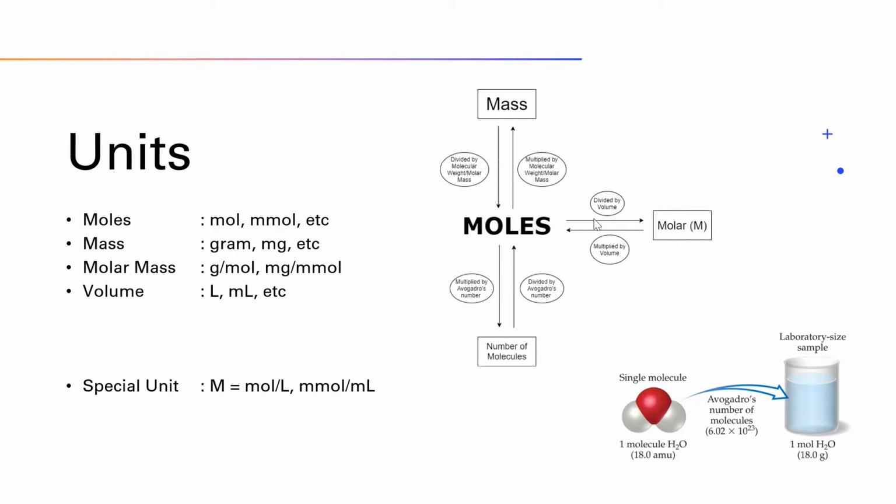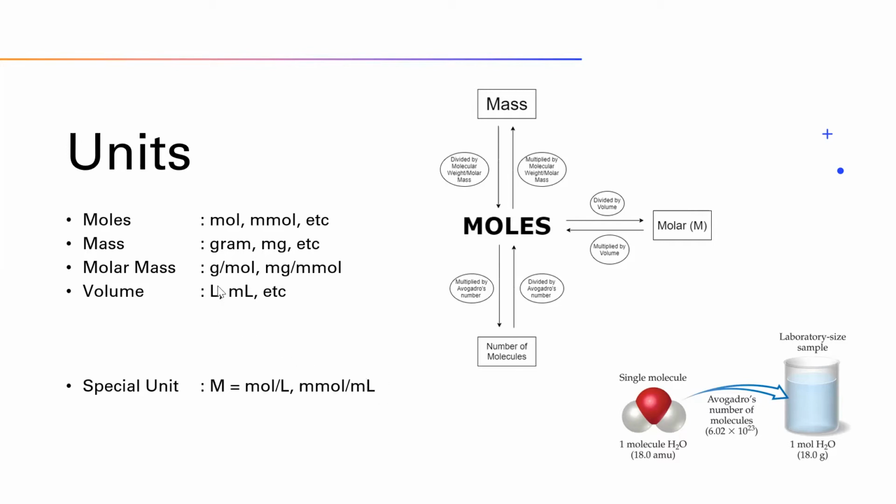Same here for the molar. Molar is a special unit. Molar is equal to mole per liter or millimole per milliliter. When you want to convert molar to mole, you have to see the volume here.